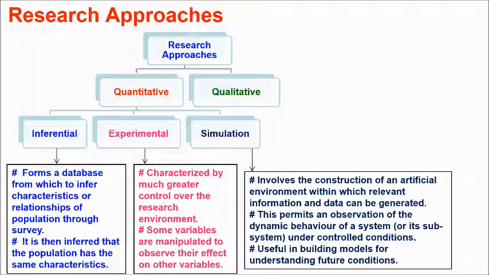It also permits an observation of the dynamic behavior of a system or its subsystem under controlled conditions. Simulation type of research may be useful in building models for understanding future conditions.